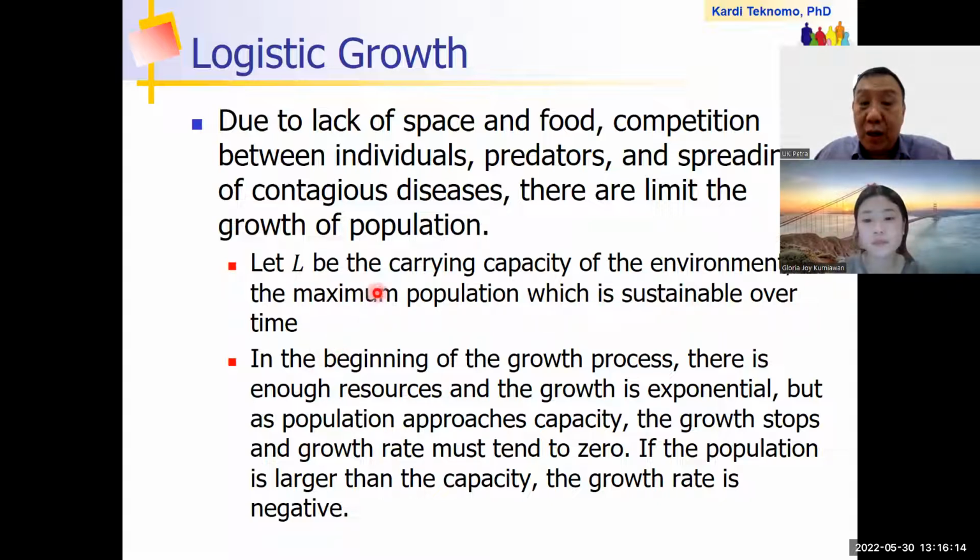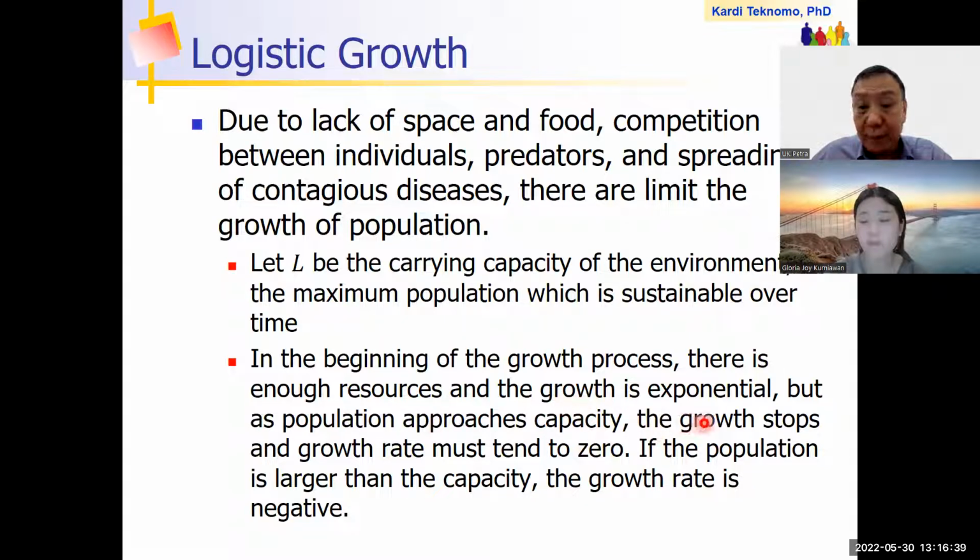If the population is below this capacity L, it will grow exponentially. In the beginning of the growth process there are enough resources, so the growth is exponential. As the population approaches the capacity, what happens?